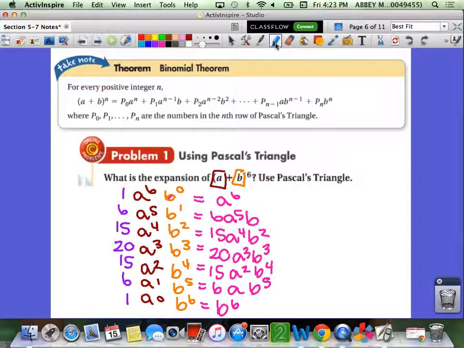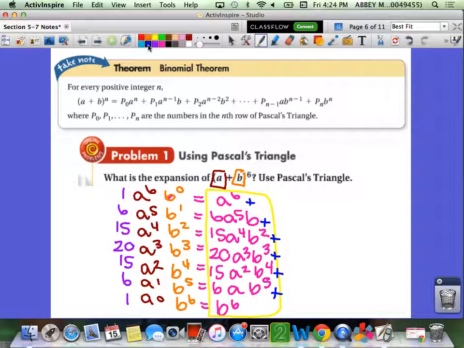Now, this is the cool part. You'll notice that this is automatically in standard form. So it's easy enough to transfer this over as a polynomial in standard form. I'm going to be efficient, and I'm just going to put plus signs because everything was positive.